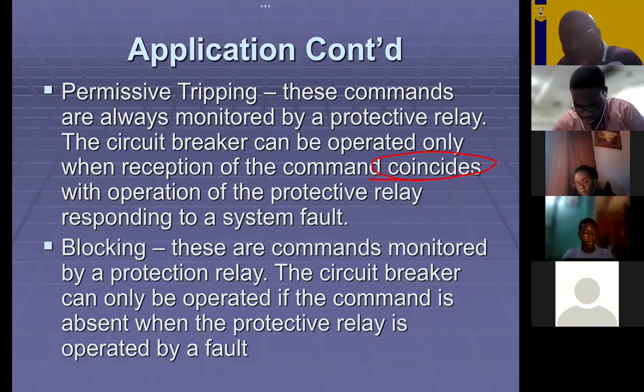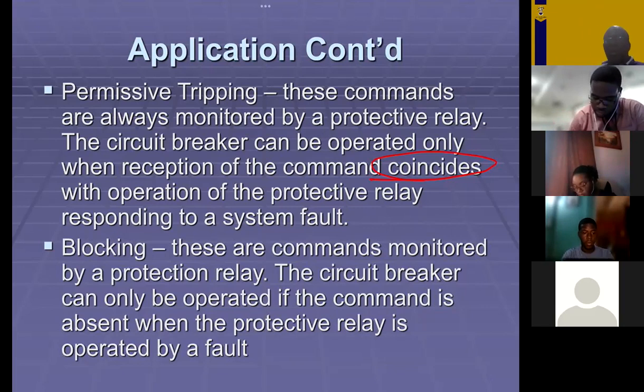So you have to ensure that the system required to send the signal is working at all times, because we are operating on the principle that I'm receiving a signal only in the circumstance that I have to block. Otherwise, we will operate.